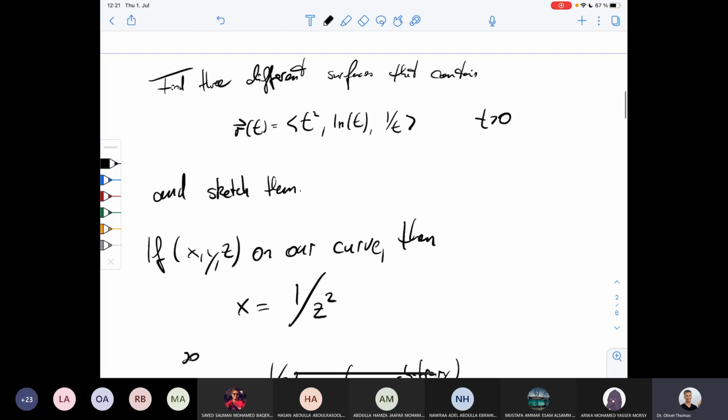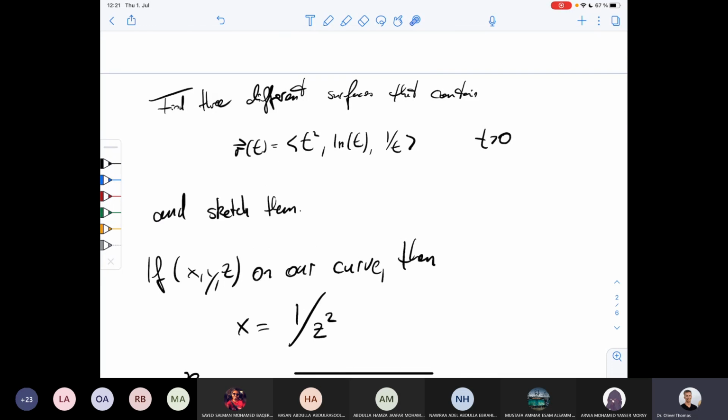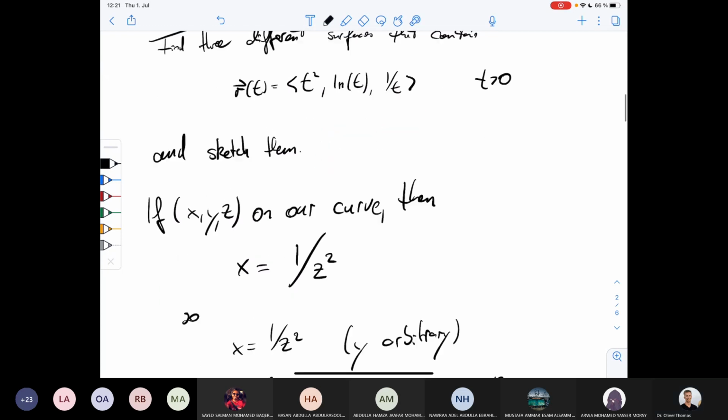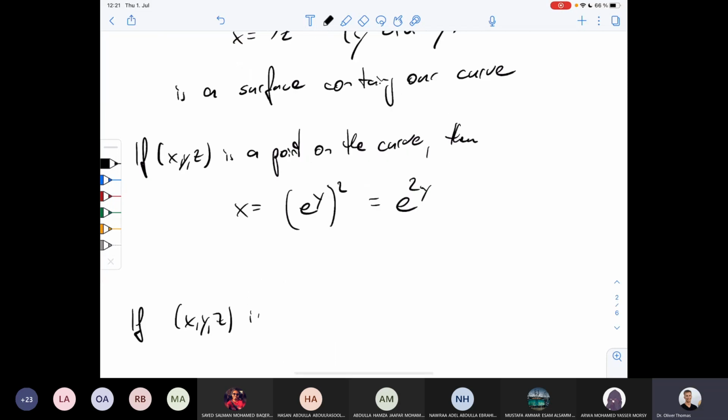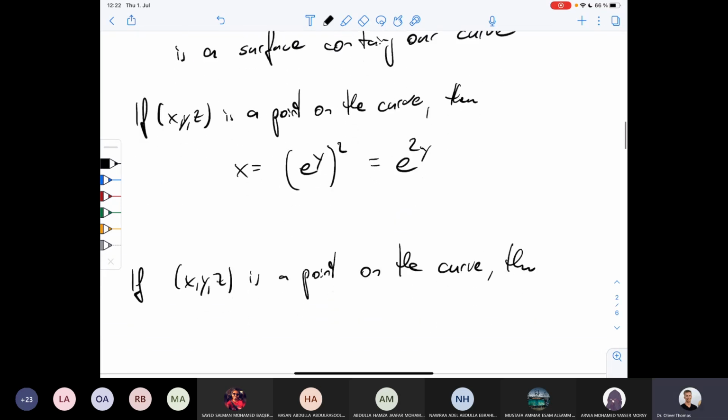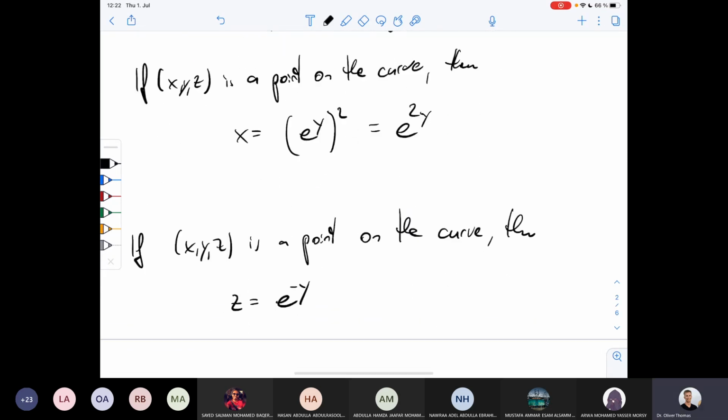And similarly, we can find a relation between the last two. Getting from 1 over t to ln t is inverting and then taking a logarithm, which is again annoying and horrible to plot, but we can also go the other way around. If we just take e to the ln of t, this gives us t. And if we want to get 1 over t, of course, we just take e to the minus ln of t. So if x, y, z is a point on the curve, then z is equal to e to the minus y.